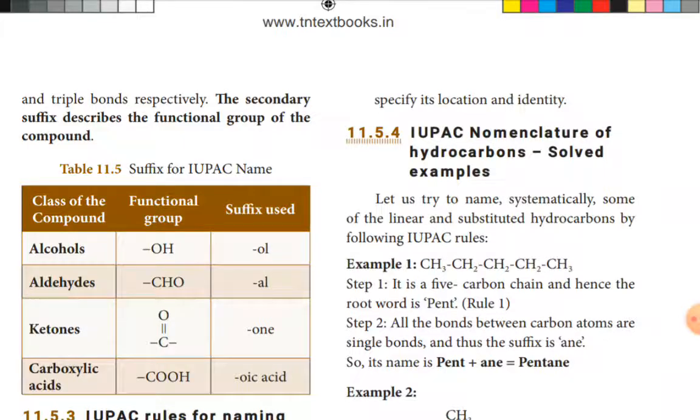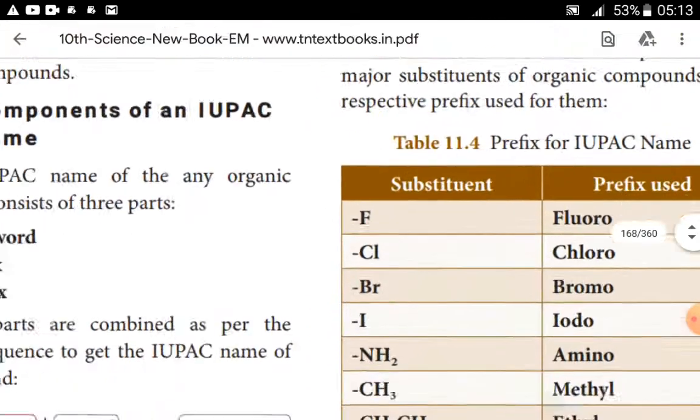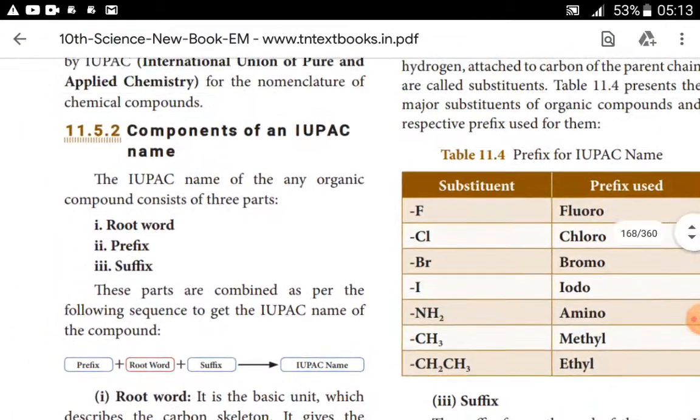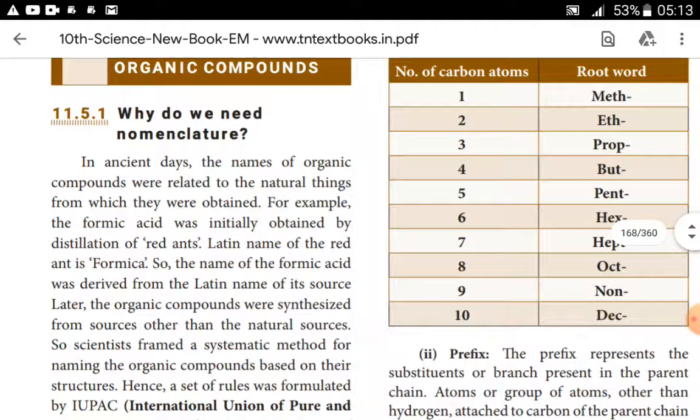So my dear students, you have to clearly understand how to name the organic compound using the IUPAC system. Initially, the chemists obtained the name from the original source. For example, formica is the name of the red ant, so formic acid is obtained from the natural source of the acid, that is red ant.